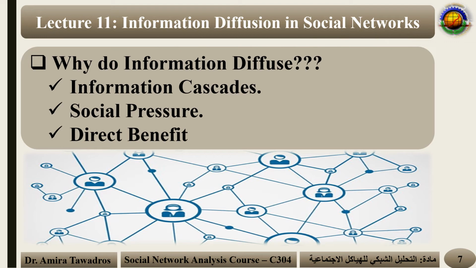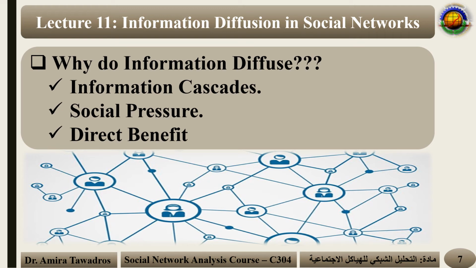So information tends to be cascaded from one person to another, either by imitation, which is not mindless, by the way, or not just imitation. Sometimes people not only imitate just to imitate, they try to infer information that other people know. So information tends to be cascaded from one person to another.